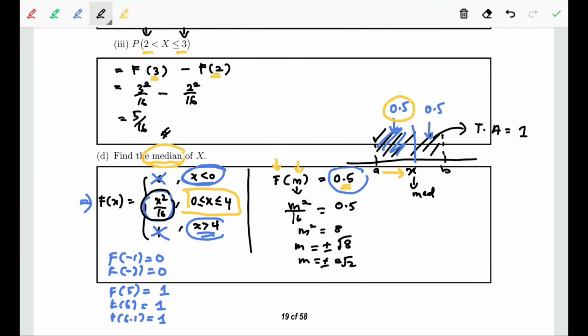Now we have two possibilities for m, positive 2 root 2 or negative 2 root 2. Since m should be between 0 and 4, the acceptable m here is positive 2 root 2. The negative 2 root 2 should be rejected because it's out of the range.